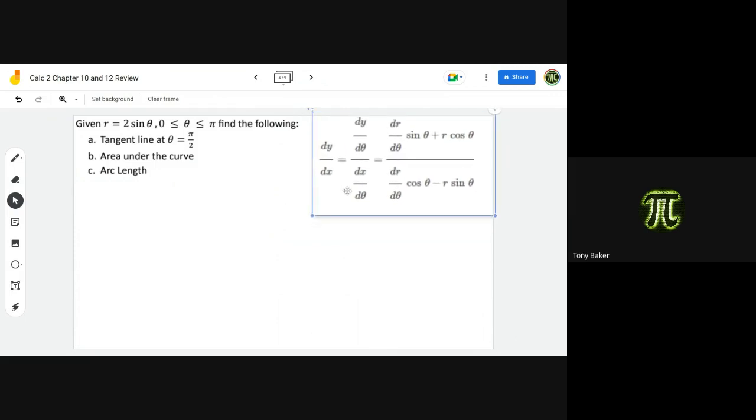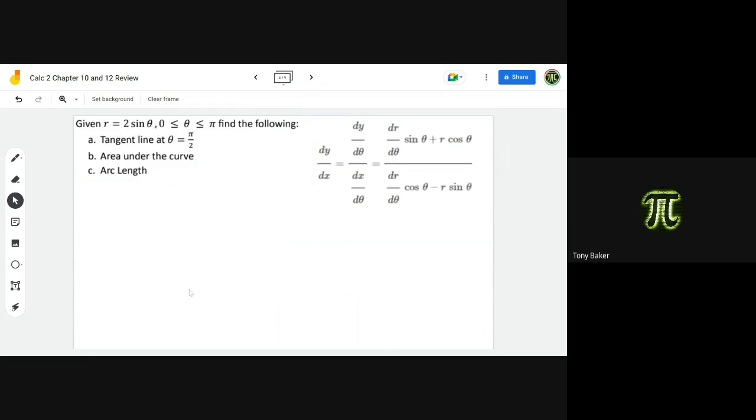I just didn't feel like writing it all out again. So there's our derivative. So my r is 2 sine theta. My dr d theta is the derivative of that, so it's going to be 2 cosine theta.